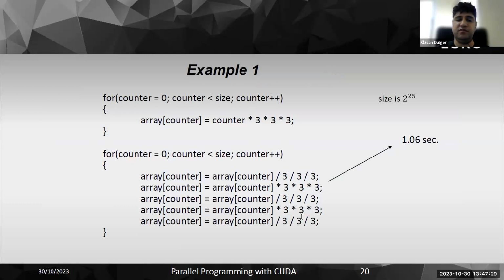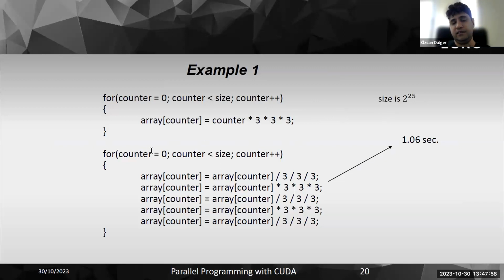Here in this example, we have an array and we assign some values here, as you see. There are 3 multiplication operations and read-write operations from memory, so it may take too much time. And the size of this array is 2^25.